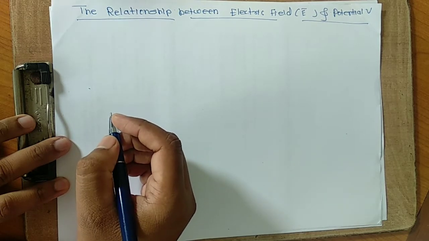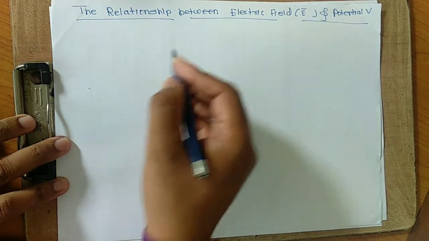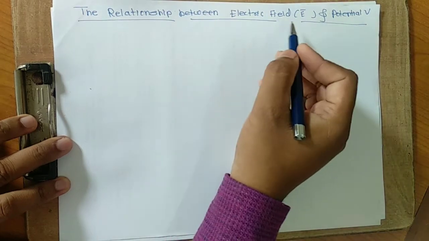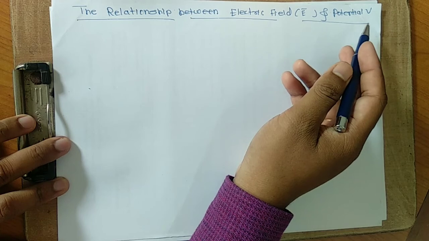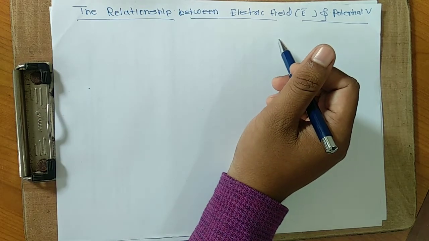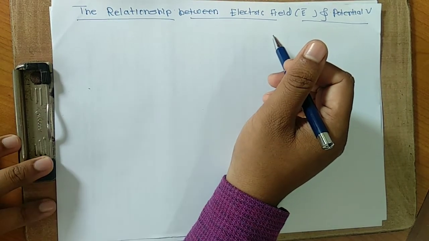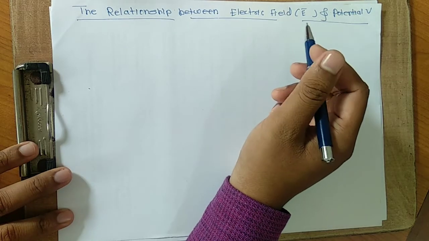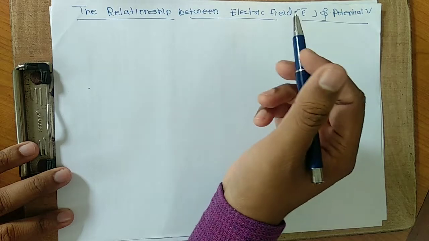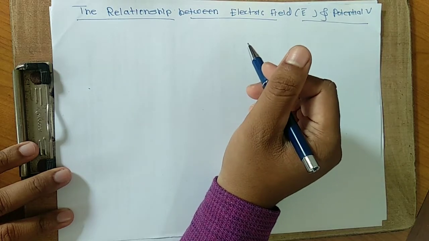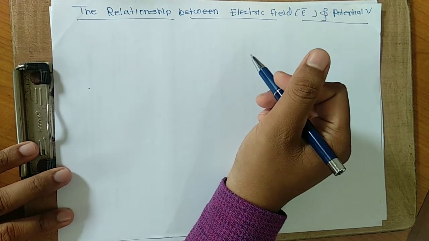First of all we have to see the relation between the electric field intensity and the potential V. Why? Because many times we calculate the voltage at points in circuits, and we have to relate that with the electric field intensity for calculation in electromagnetic engineering.